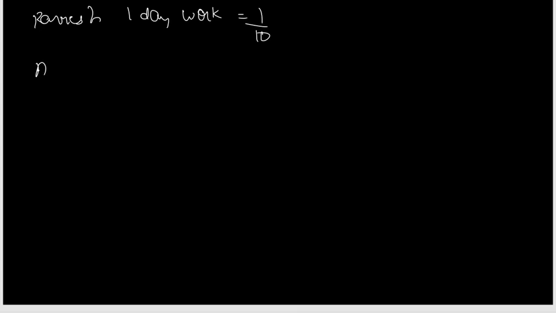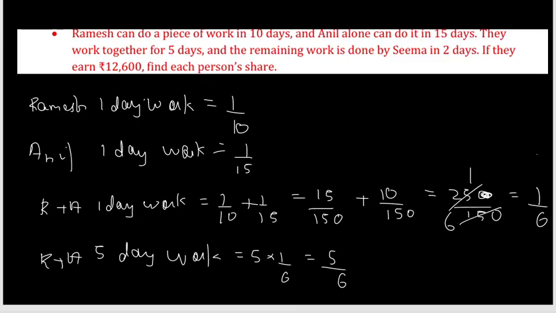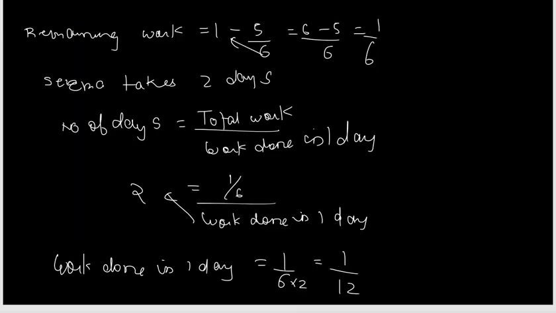Then I know Anil's 1 day work is 1 by 15. And now I've also found Seema's 1 day work, which is 1 by 12. So all these calculations were done only to get Seema's 1 day work.